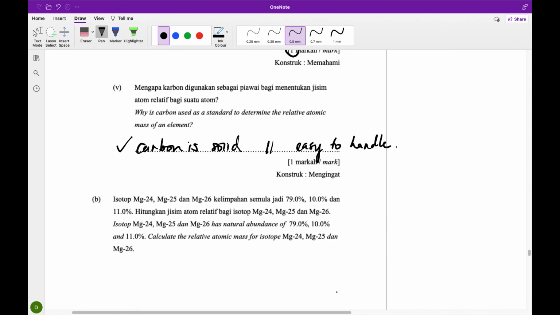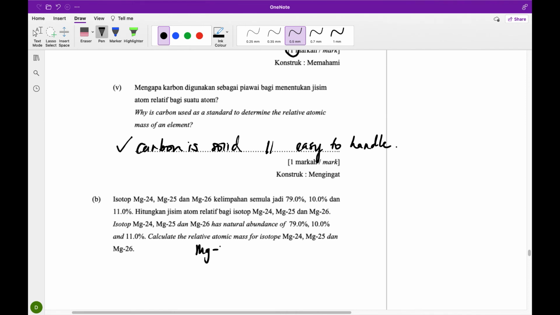Next question is something new. It's a part of your new syllabus. They are asking us to calculate the relative atomic mass for different isotopes. Here they have given magnesium 24, magnesium 25 and magnesium 26. Let me write it down here.